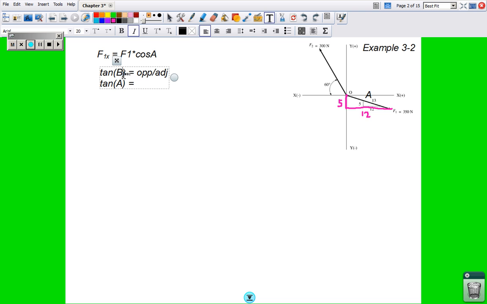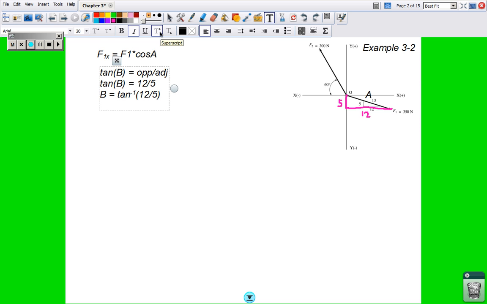Sorry. Okay, the opposite in this case is 12, and the adjacent is 5. Alright, so that means that B is going to be equal to the arctan of 12 divided by 5.